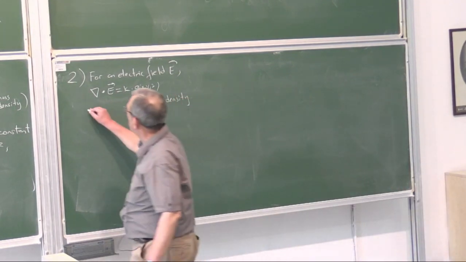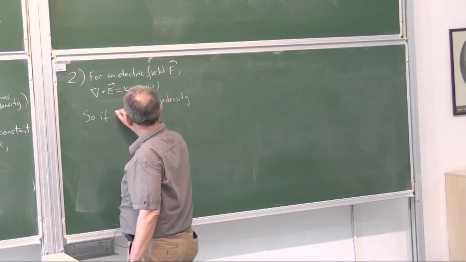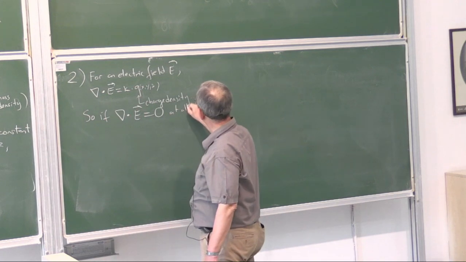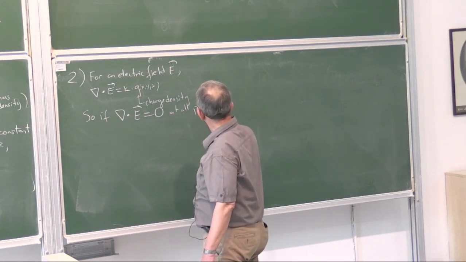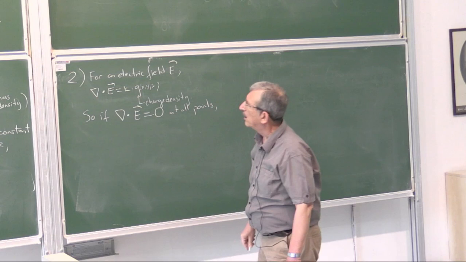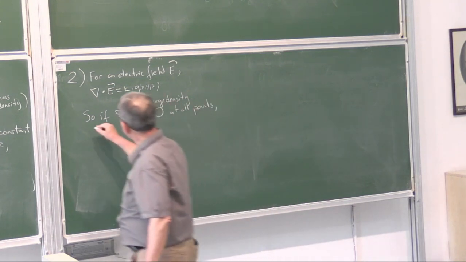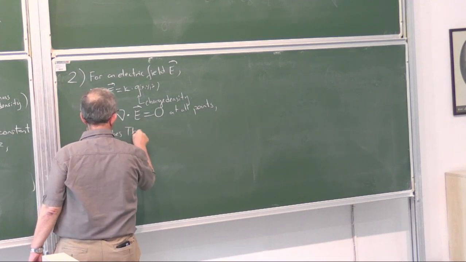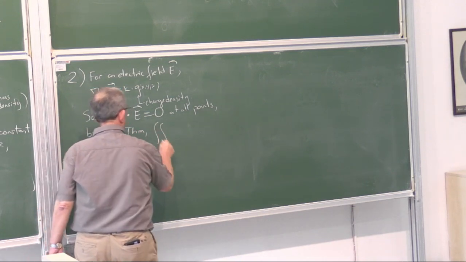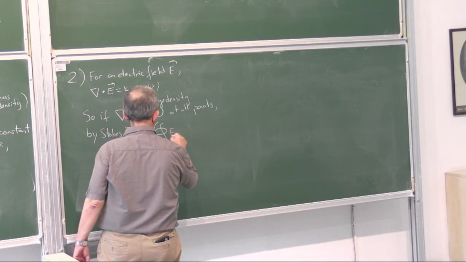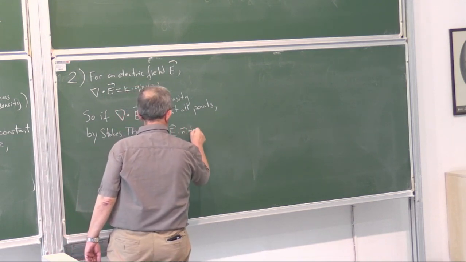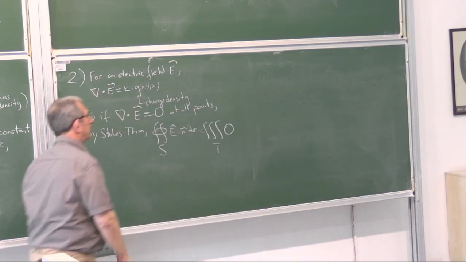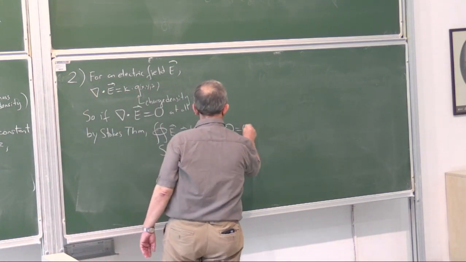Now, if for some field we have this zero at all points, this means that by the divergence theorem this is zero.